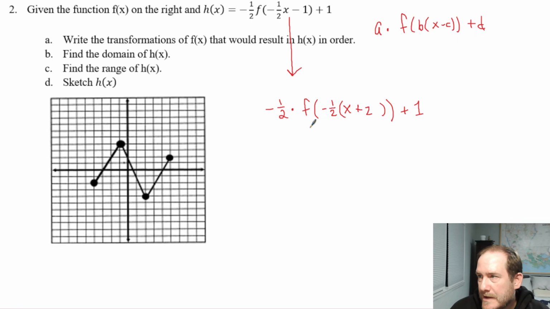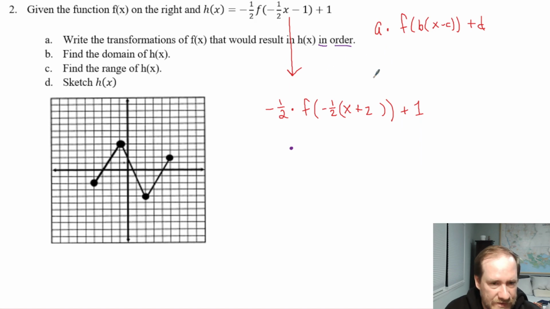Okay, anyway, now that we've done this, it says write the transformations that would result in order. Somewhere in our packet, and I know on the test, it says write it in an appropriate order, because there are many different orders you can use that are all correct, and the general rule of thumb that I've been giving is just do the translations last.